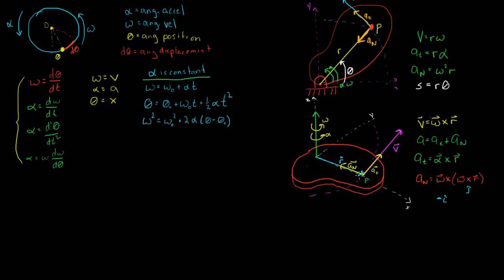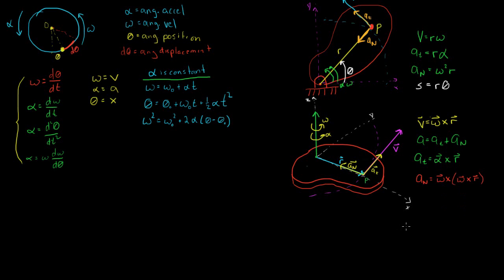So that makes sense, right? We're pointing away from our positive, we're pointing in the negative direction, and this makes sense. So this is what we're going to get. We'll see plenty of examples of i, j, and k components later, but this is what the expression for the normal acceleration is.